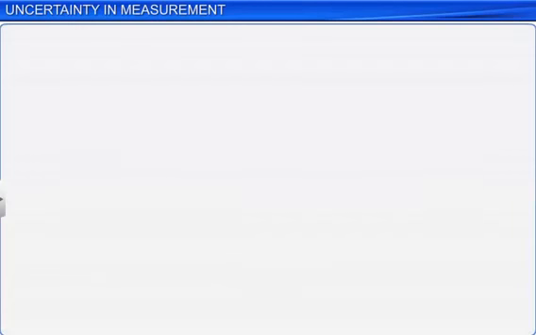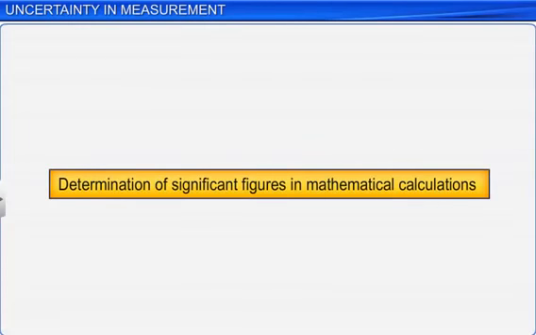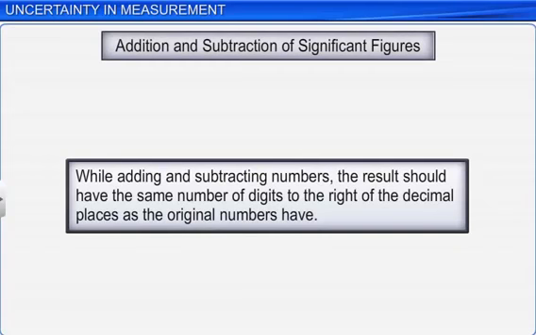Now let's see how to determine significant figures in the results of mathematical calculations. While adding and subtracting numbers, the result should have the same number of digits to the right of the decimal places as the original numbers have.